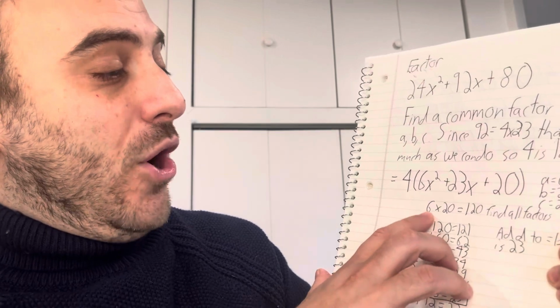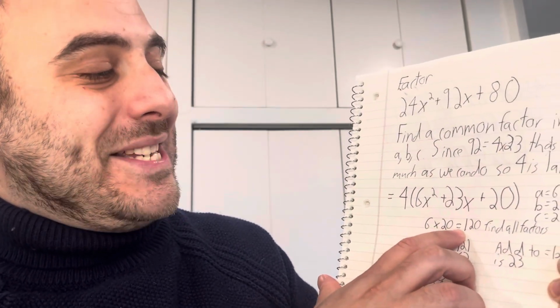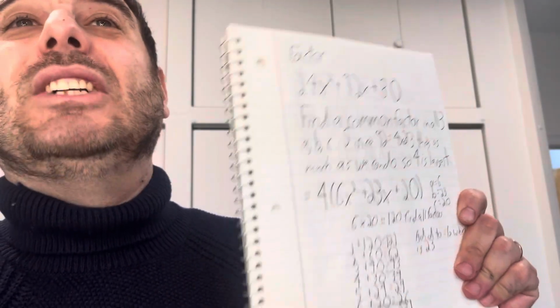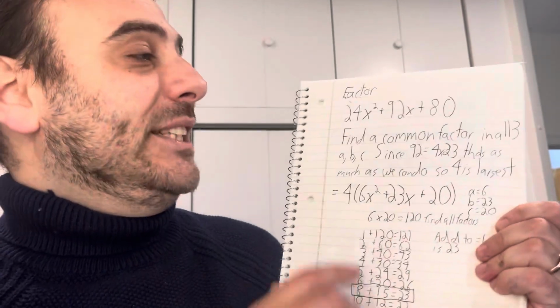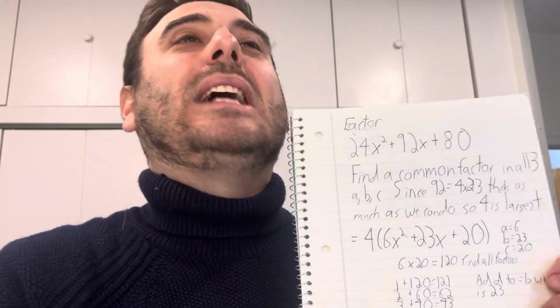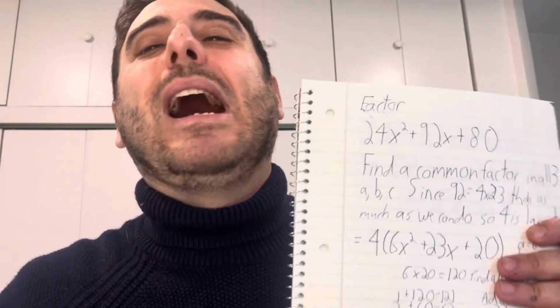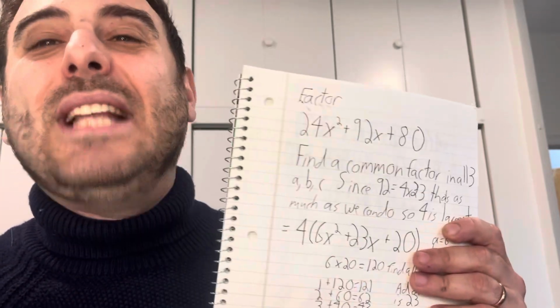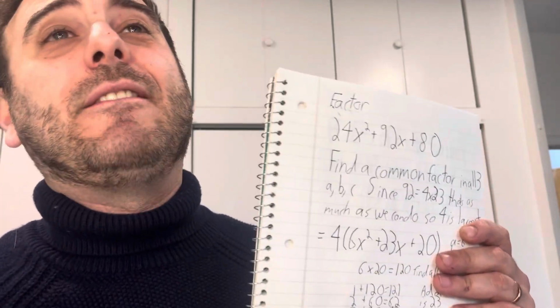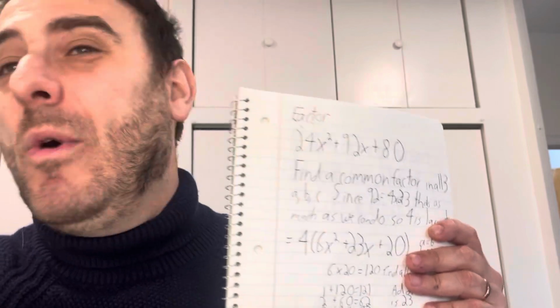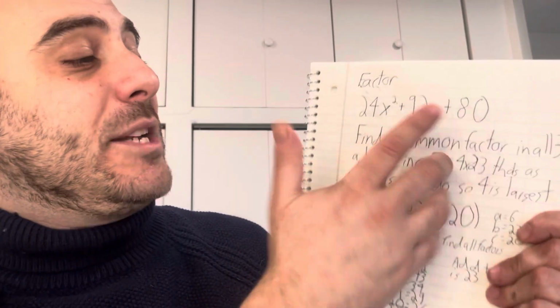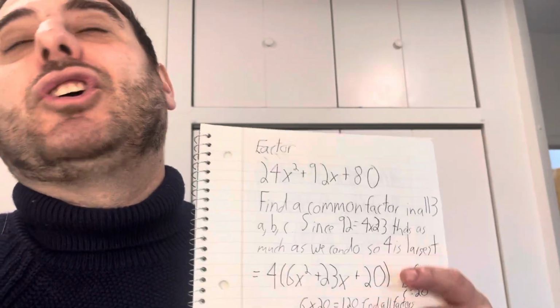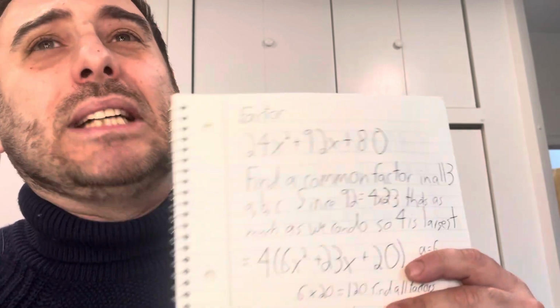Okay, so 6 times 20 equals 120. Now, since the B term is positive and the C term is positive, we only have to use positive factors of 120. Even though negative times negative equals positive, negative plus negative will always be negative. So since B is positive, the factors can't be negative.